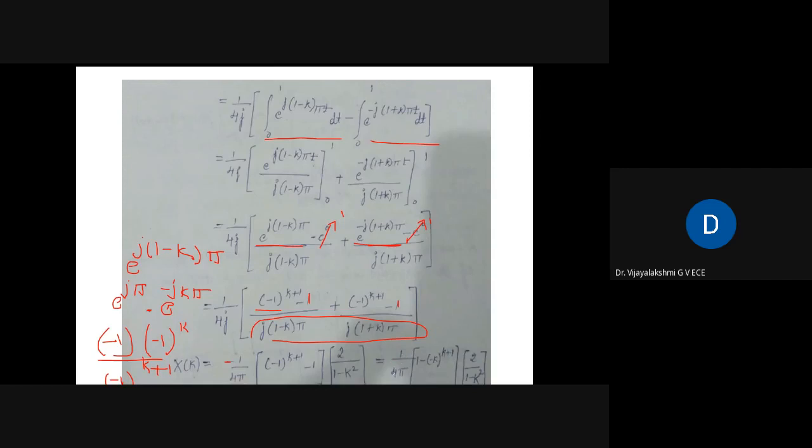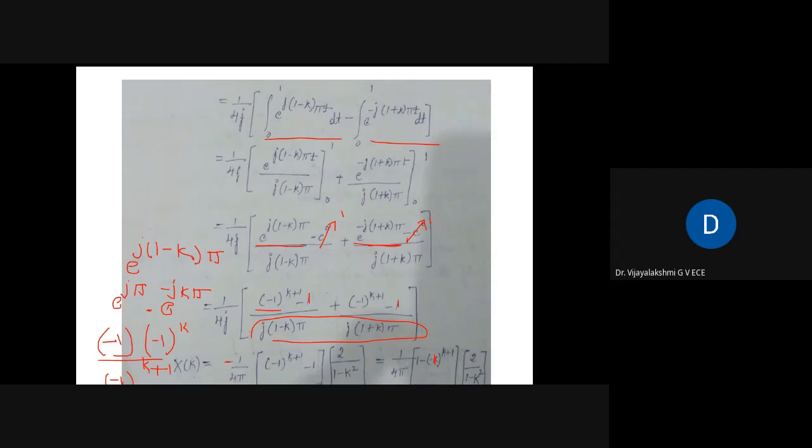I am left with 1 by 4 pi 1 minus minus 1 raised to k plus 1 into 2 by 1 minus k square. So this is the expression for the Fourier series coefficient.